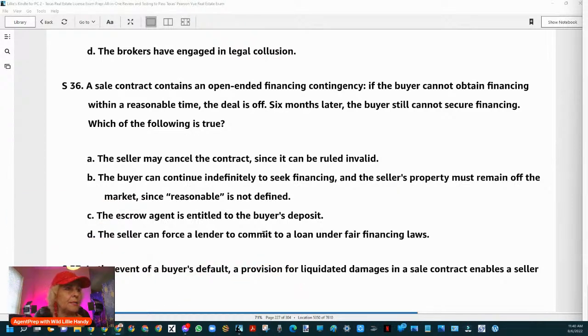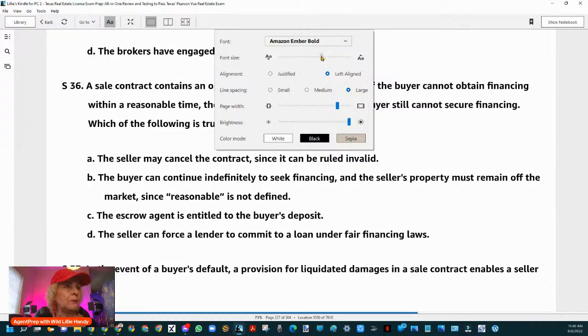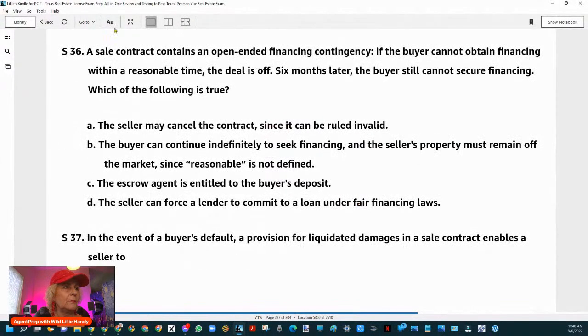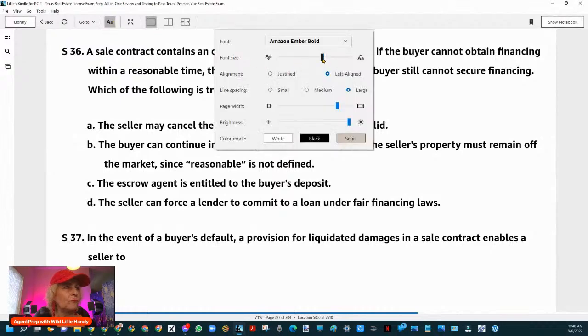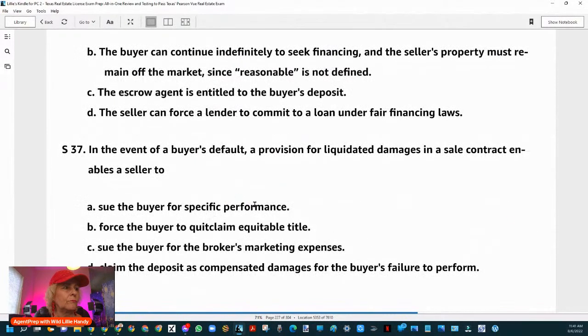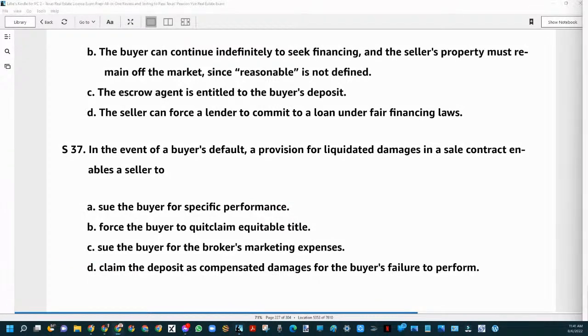All right, number 37. In the event of a buyer's default, a provision for liquidated damages in a sale contract enables the seller to do what?